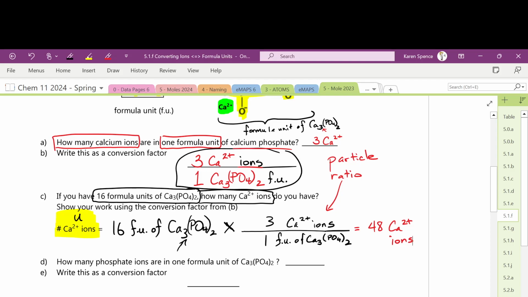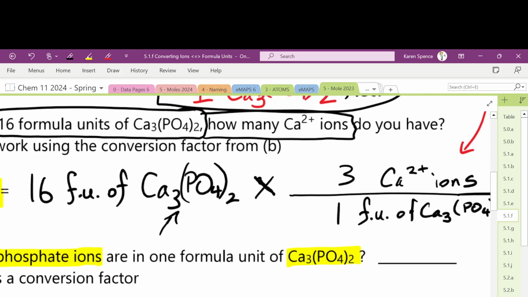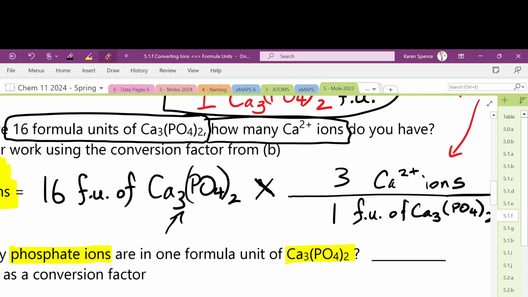How many phosphate ions are in 1 formula unit of Ca3(PO4)2? How many phosphate ions in Ca3(PO4)2? 2. Shocking. Okay, 2. Write it as a conversion factor. There are, what can we put on the top? 2 PO4 3-, and what can we add on the end if we like?